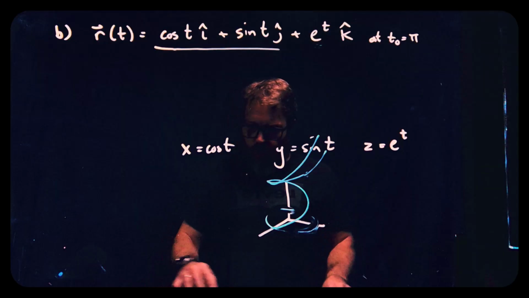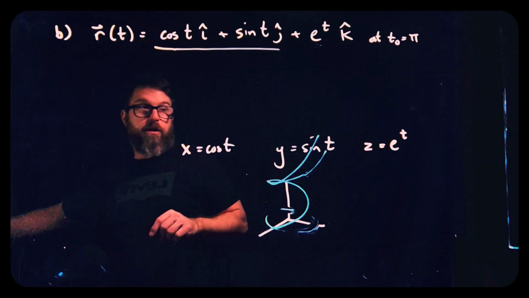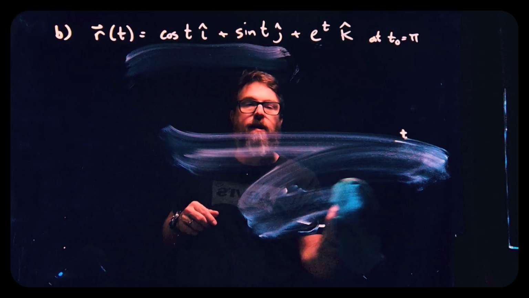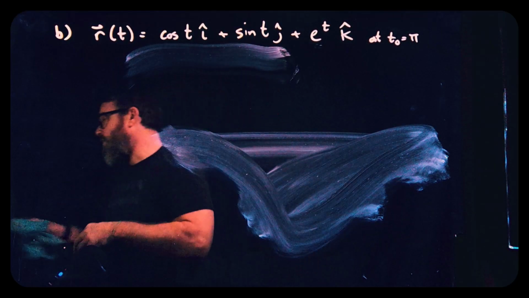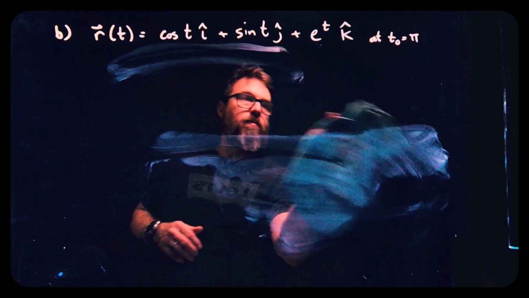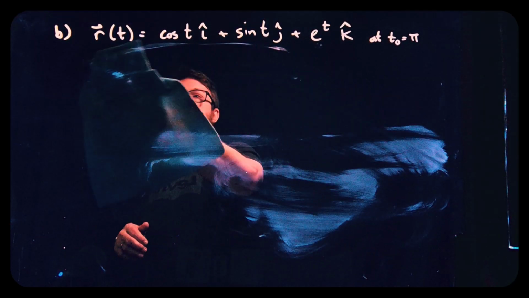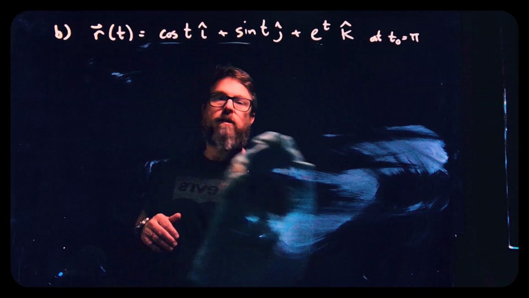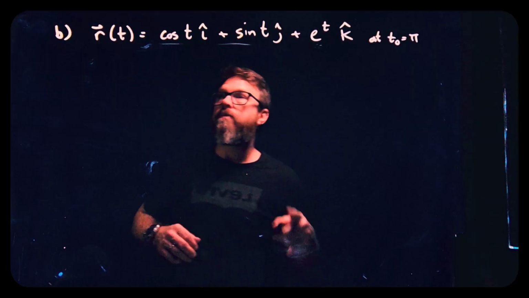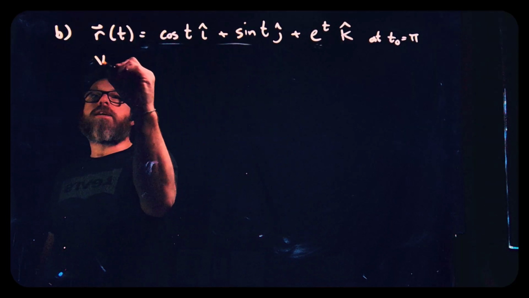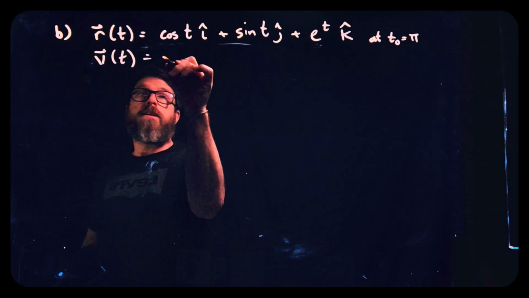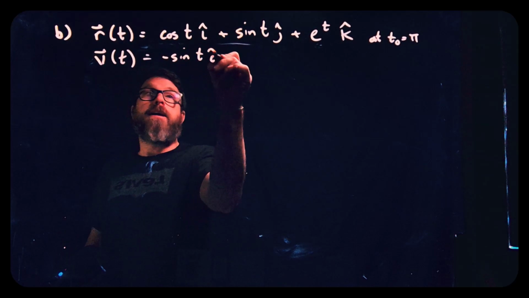Okay. So now that we have an idea of what the thing looks like, let's go ahead and find the velocity and acceleration vectors at this t naught. Okay, so v of t is going to be the derivative of this thing. The derivative of the cosine is negative sine of t i.